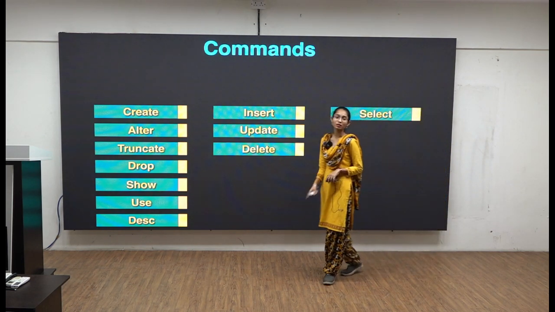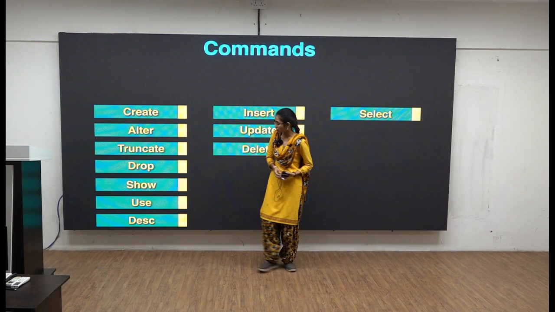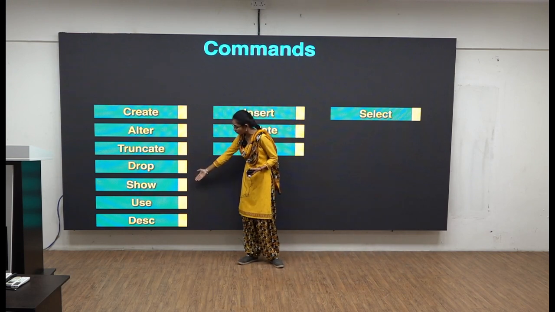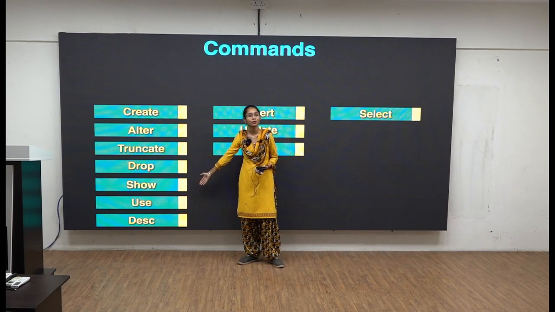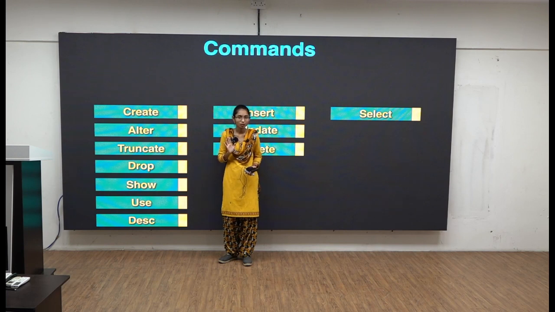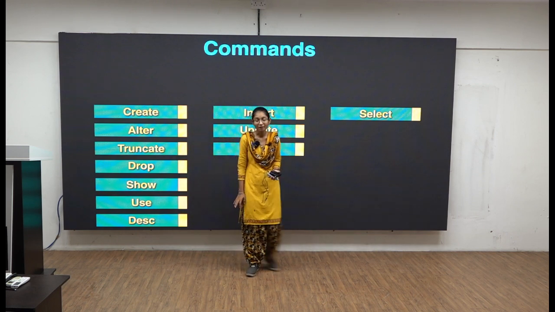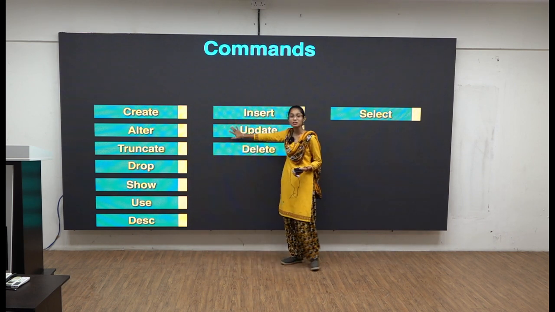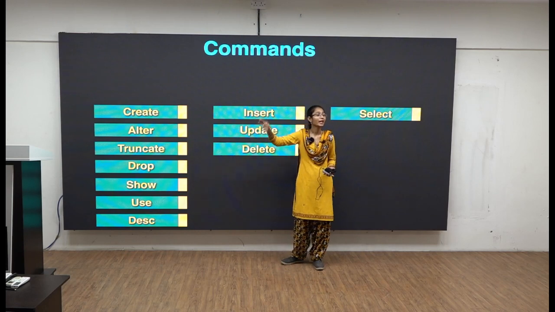All these are commands we have used with respect to the structure of our table. Even with truncate, we have kept the structure as it is and only removed the records, so truncate is also related to the structure only. And this one is with respect to the data which is present inside a table.